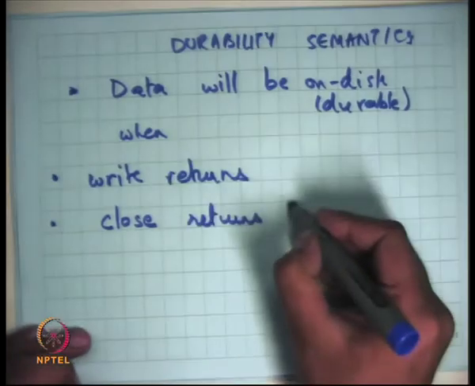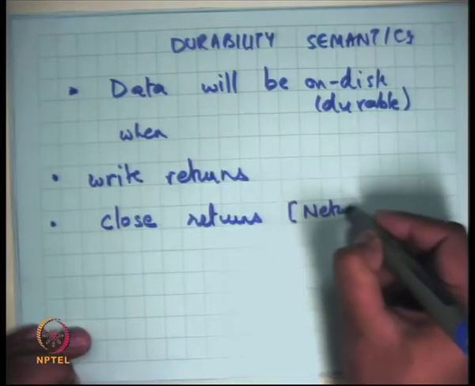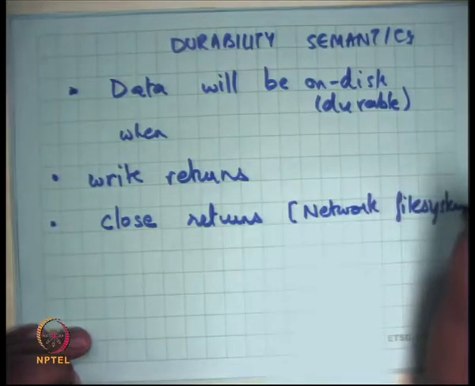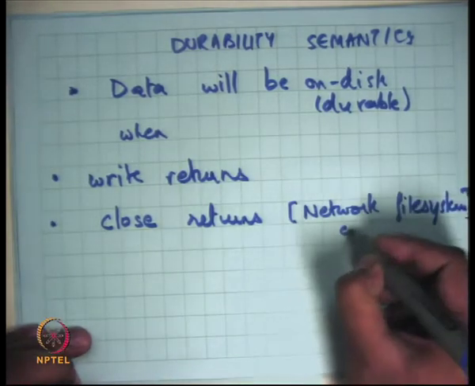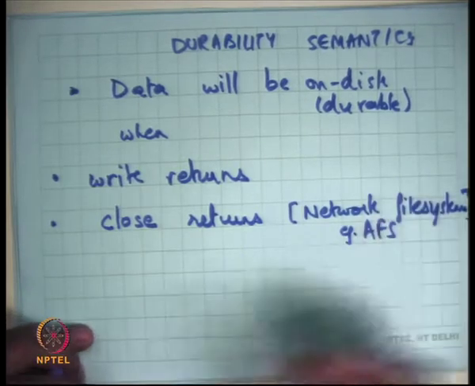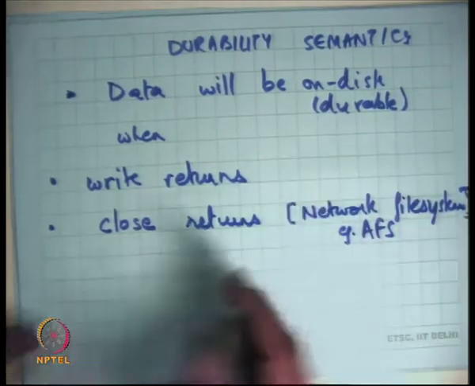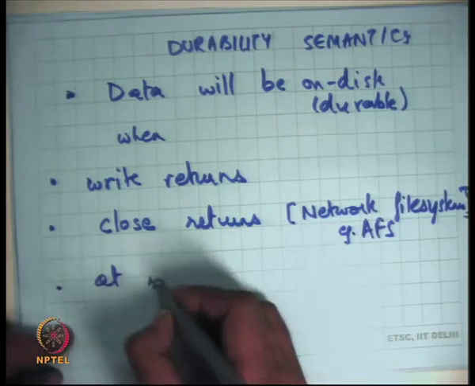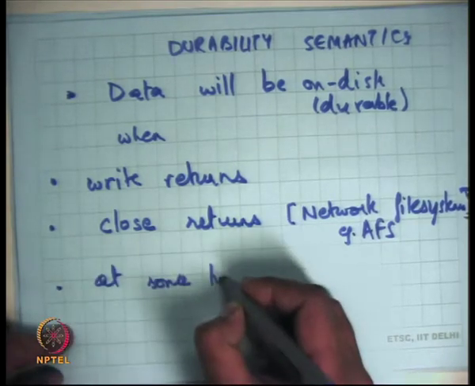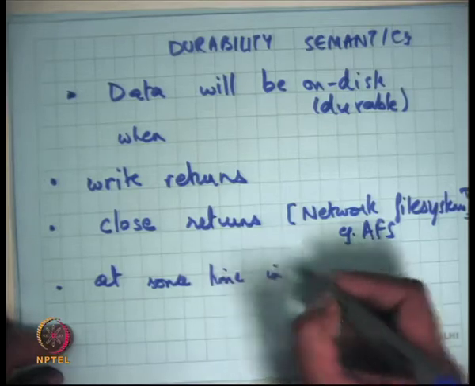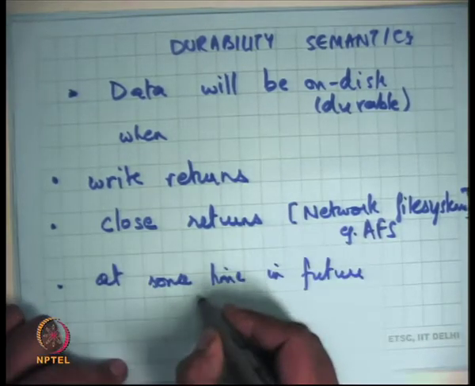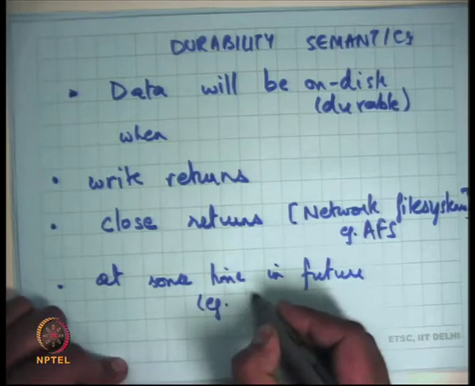Some network file systems use this, for example AFS. AFS is a network file system that uses this. The other option is at some point in future, so no guarantees, so let's say for example within 30 seconds.